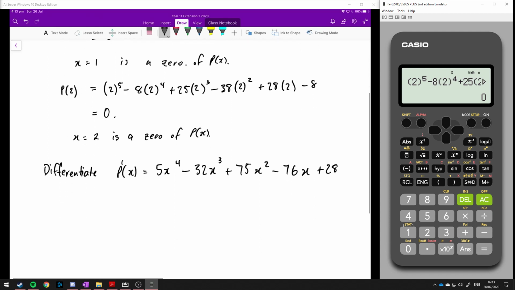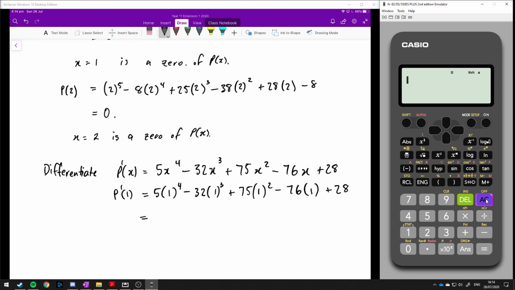So what we want to do now is check, well, let's start with the easy one, if that gives us a value of 0. So by substituting the zeros of the original function into the derivative, like we said before, if it gives us a solution of 0, then it is considered a 0.